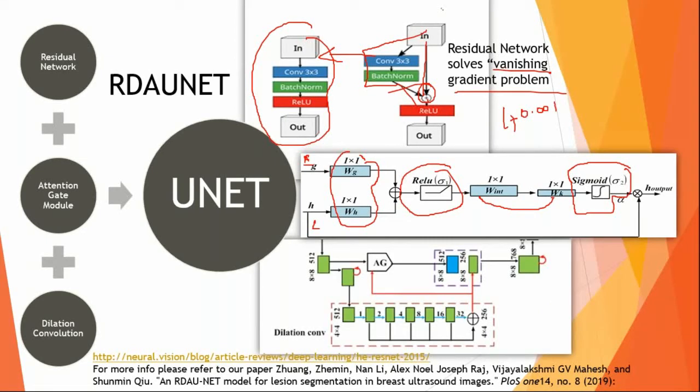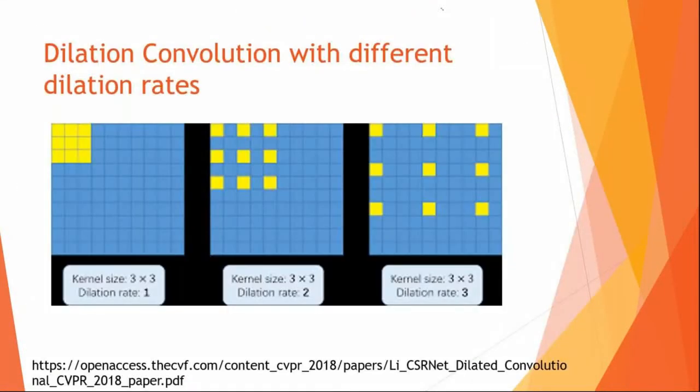And finally, this one is the dilation convolution. If you want to understand dilation convolution better, this is the sliding. This is your normal convolution, with a stride rate of 1, so you move it with every pixel.